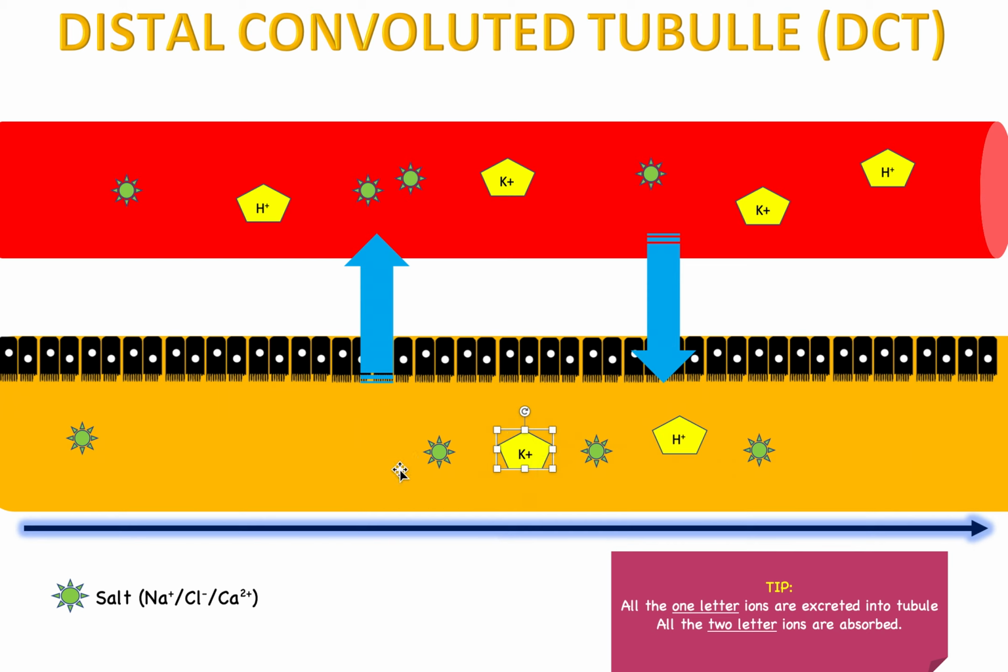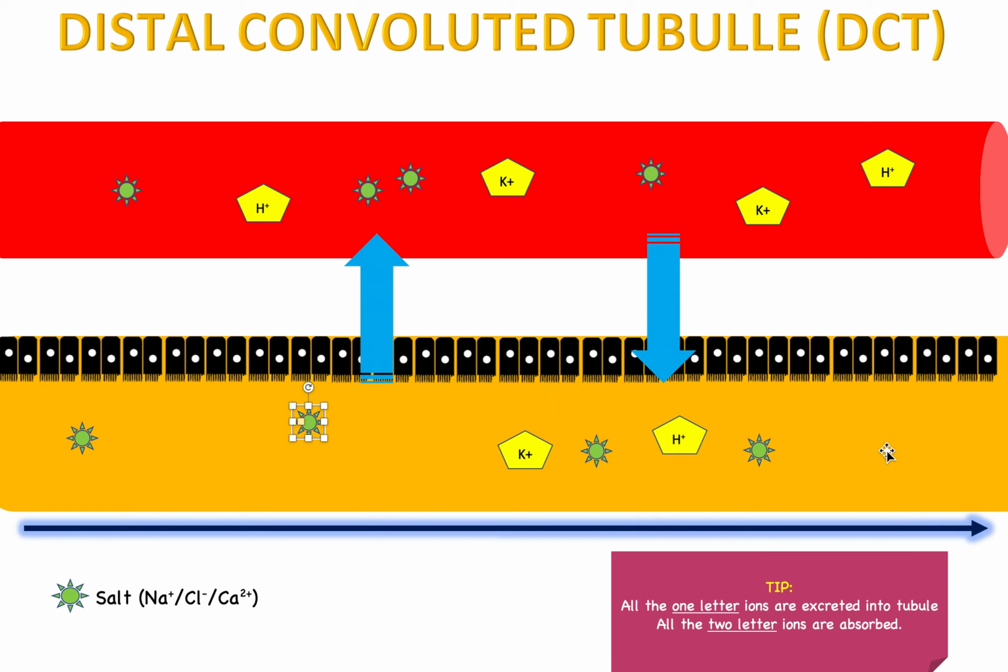A good way to remember what happens where is that the one-letter ions, K and H, potassium and hydrogen, are pumped out of the blood into the tubules, whereas the two-letter ions, sodium, Na, Cl, and Ca, are absorbed into the bloodstream, because we may need them.